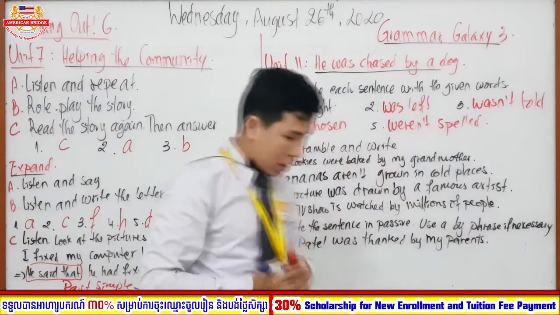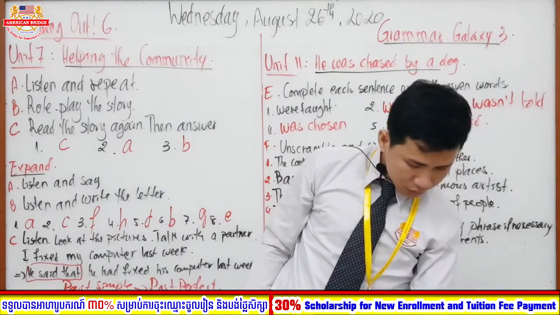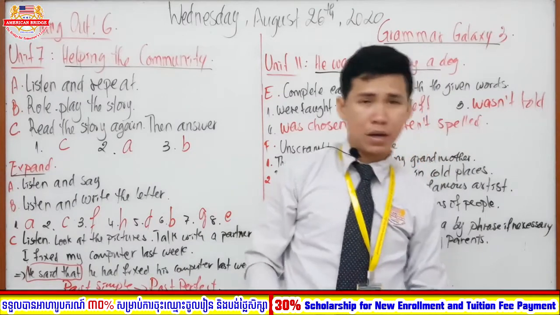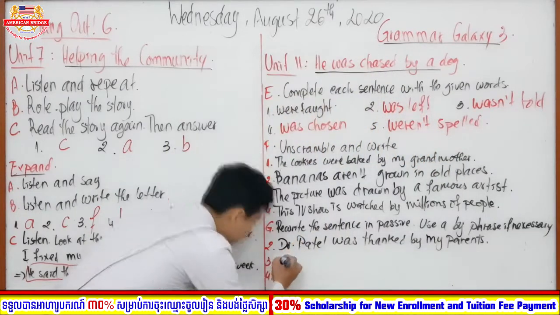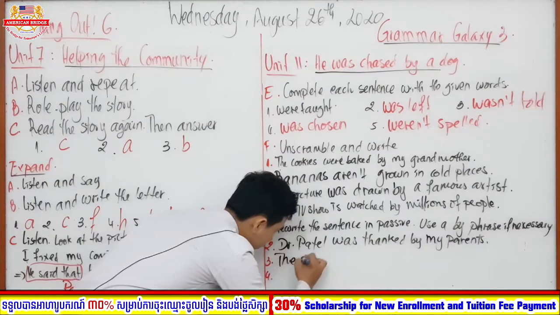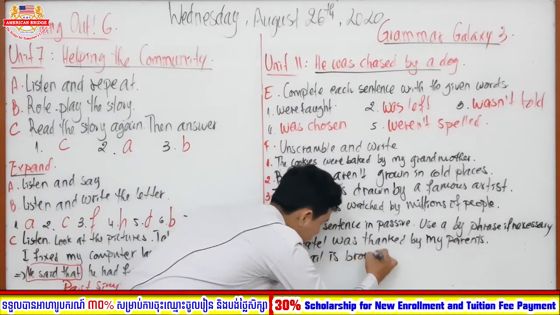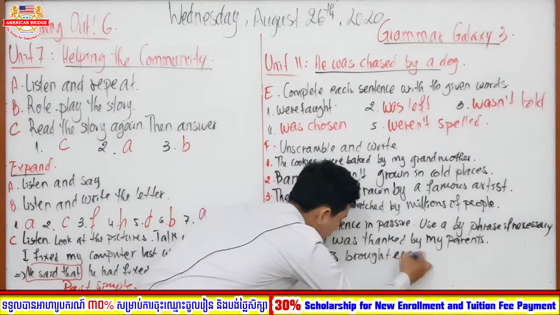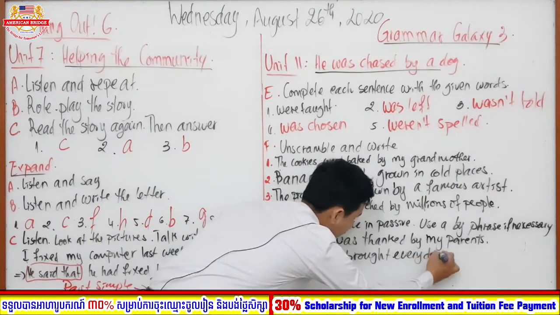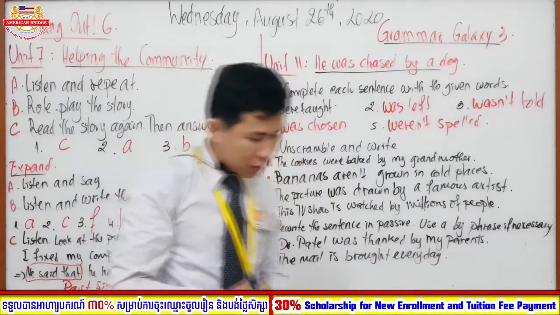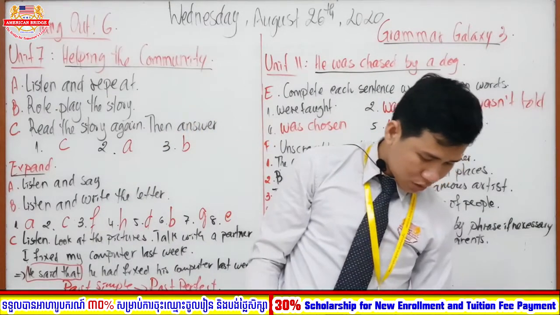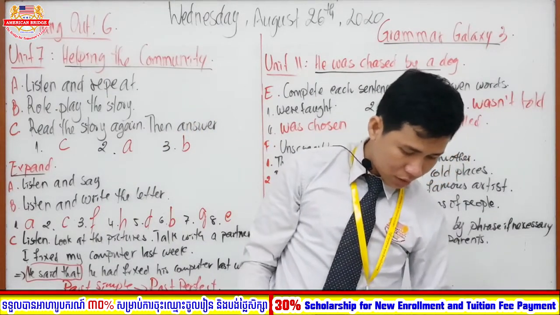And then number 3: someone brings the mail every day. What is it, everyone? Okay, the mail is brought every day. And after number 3, it is number 4: scientists study these animals.